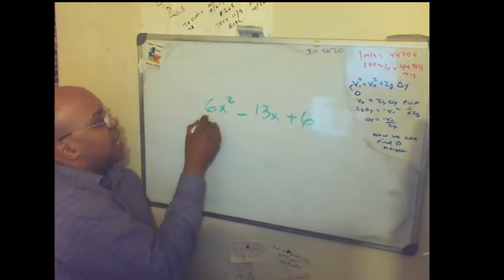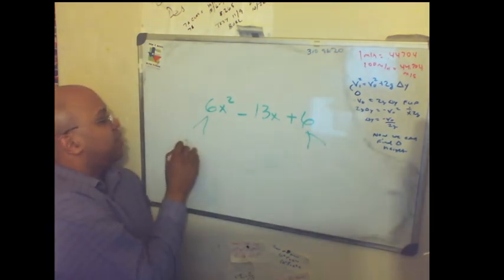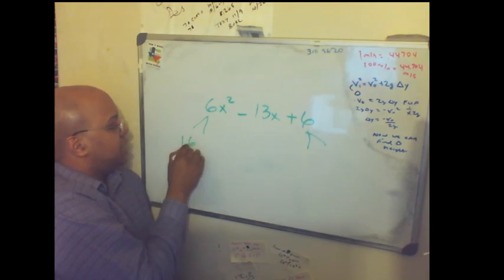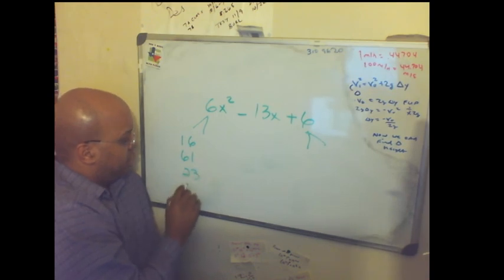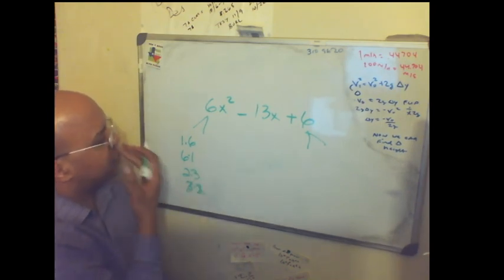So I have to look at factors of 6. We have 1 and 6, 6 and 1, 2 and 3, and 3 and 2. Those are factors of 6.